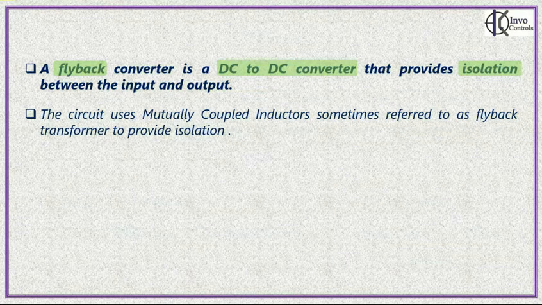At this time, the source is disconnected and the load is connected. This interval may be designated as T off. So you can see there is a clear demarcation, a time demarcation between taking energy from the source and delivering this energy to the load. This characteristic is responsible for excellent isolation provided by the circuit.